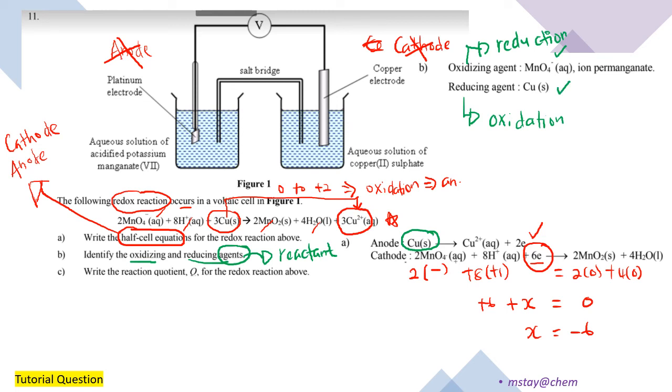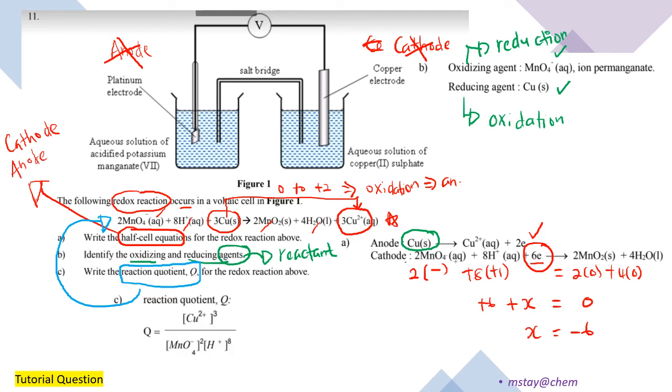Last question, which is about the reaction quotient Q. For the reaction quotient Q, we can refer to the overall equation, where it is the concentration of products over the concentration of reactants. So based on the equation here, for the products we have aqueous Cu2+ with coefficient 3, so to the power of 3.